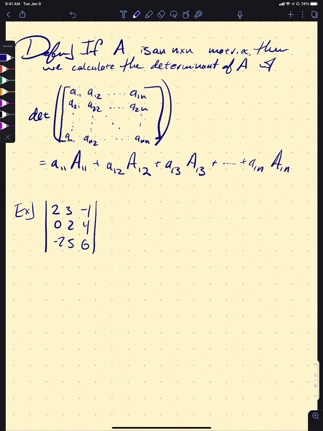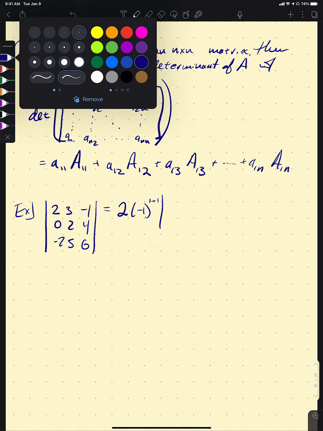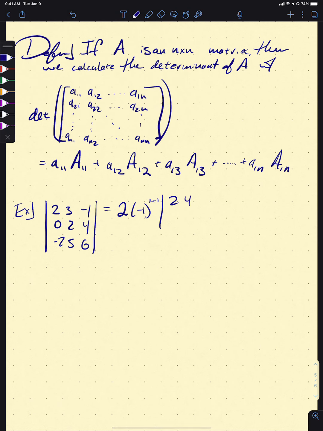But if we want to calculate this determinant, we're going to start with our first element, 2, and multiply by its cofactor, which is going to be negative 1 to the 1 plus 1 times the determinant of the matrix that we find by removing this row and this column. So that looks like 2, 4, 5, 6.